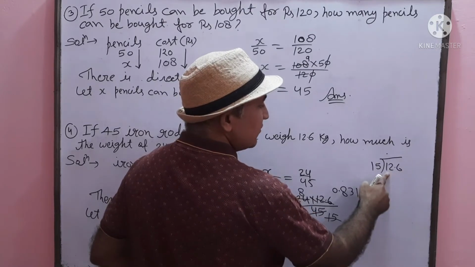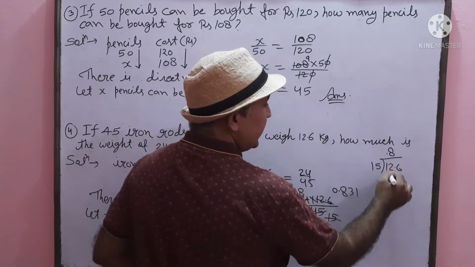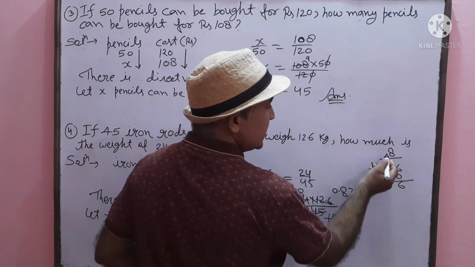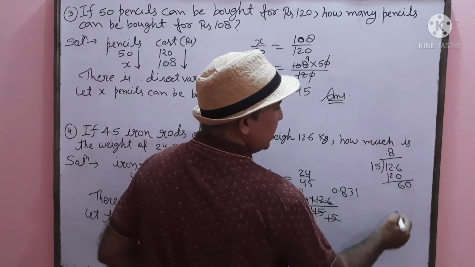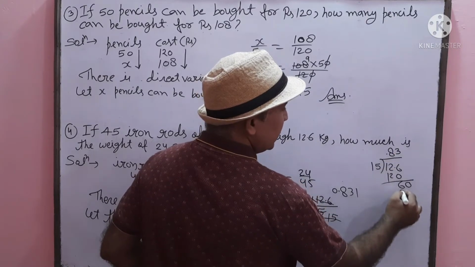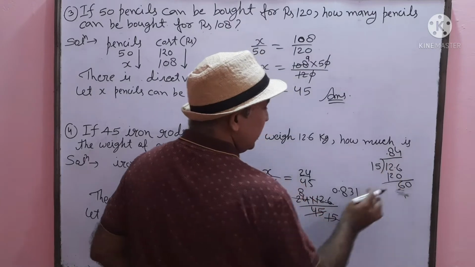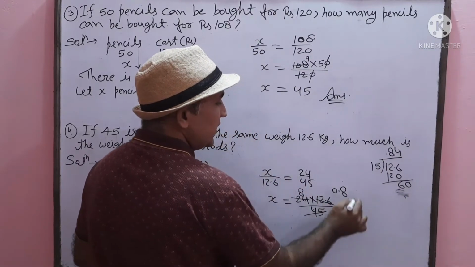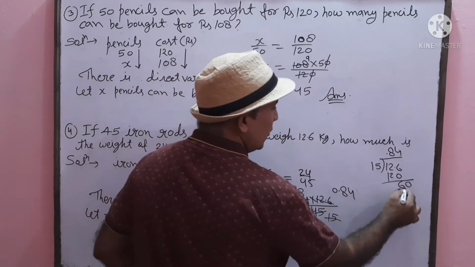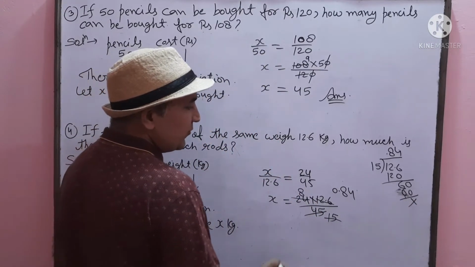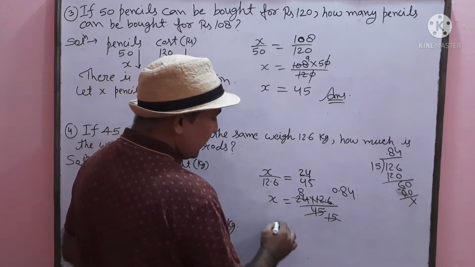Now 126 will be counted. 15 into 8 is 120, the remainder is 6. Since we have put the decimal here, we can add a 0. 15 into 4 is 60. That means 0.84. You can see that 0.84 will come when it is divided by 15.